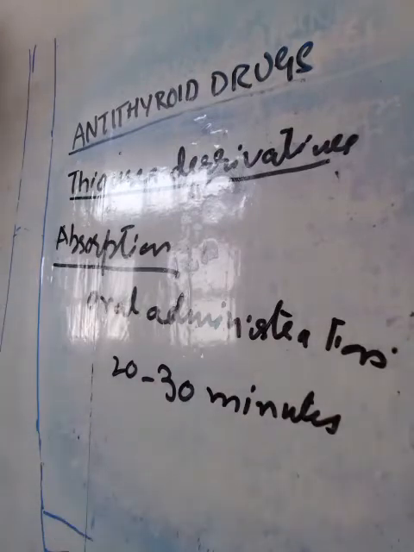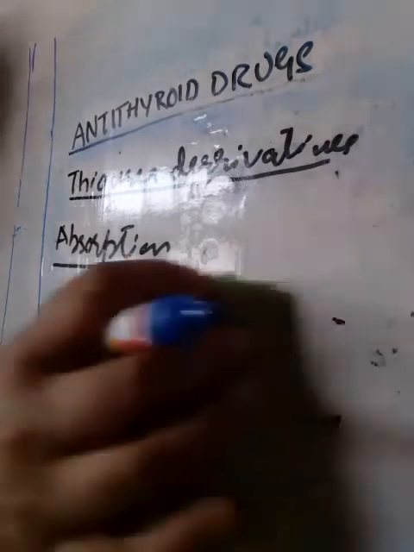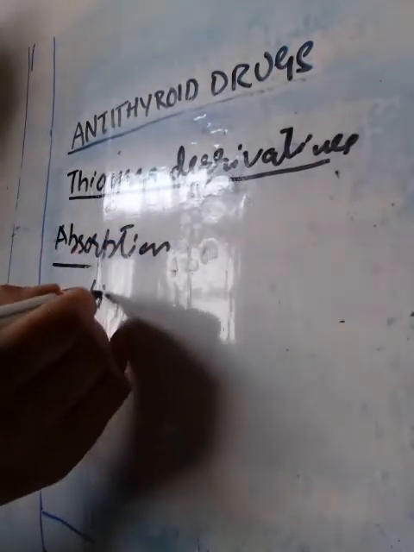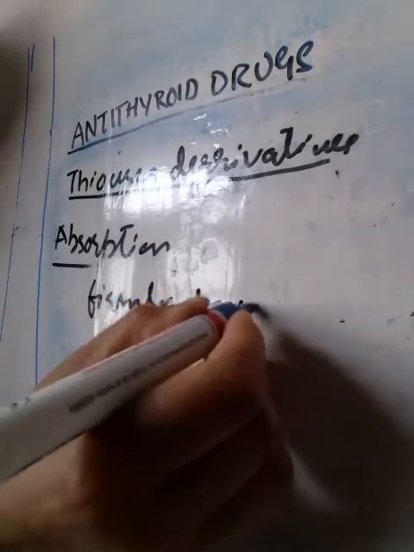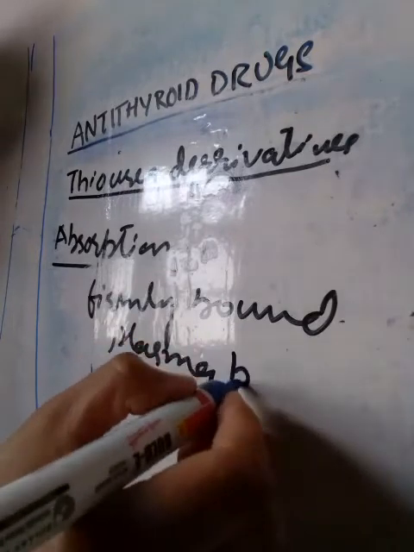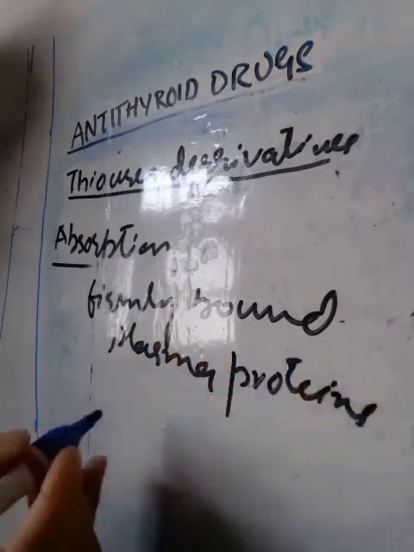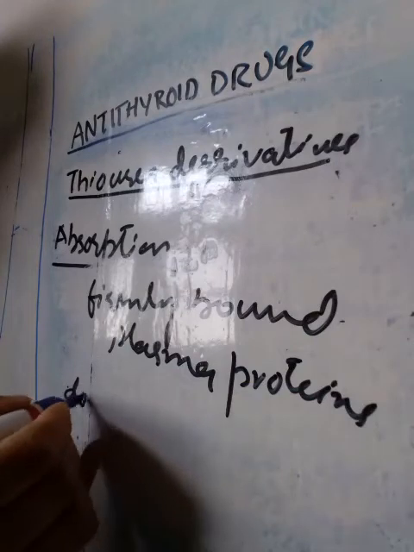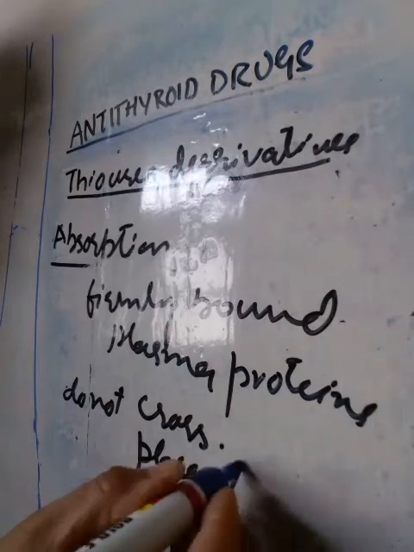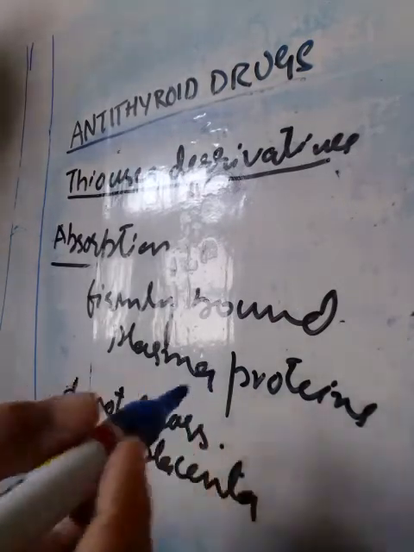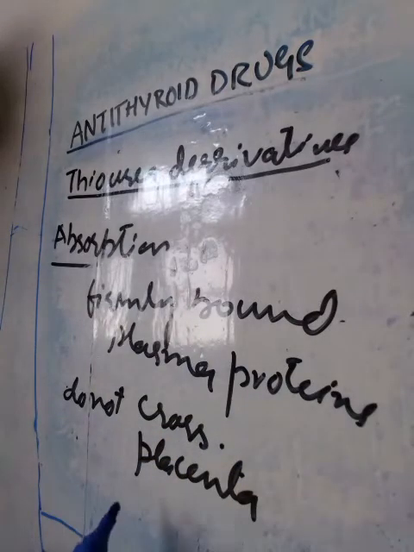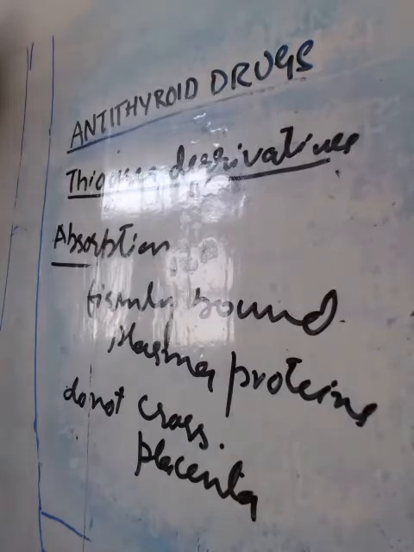They are firmly bound to plasma proteins, with which they do not cross the placenta. Because they are bound to the plasma protein, they are not available freely in the bloodstream to cross the placenta.